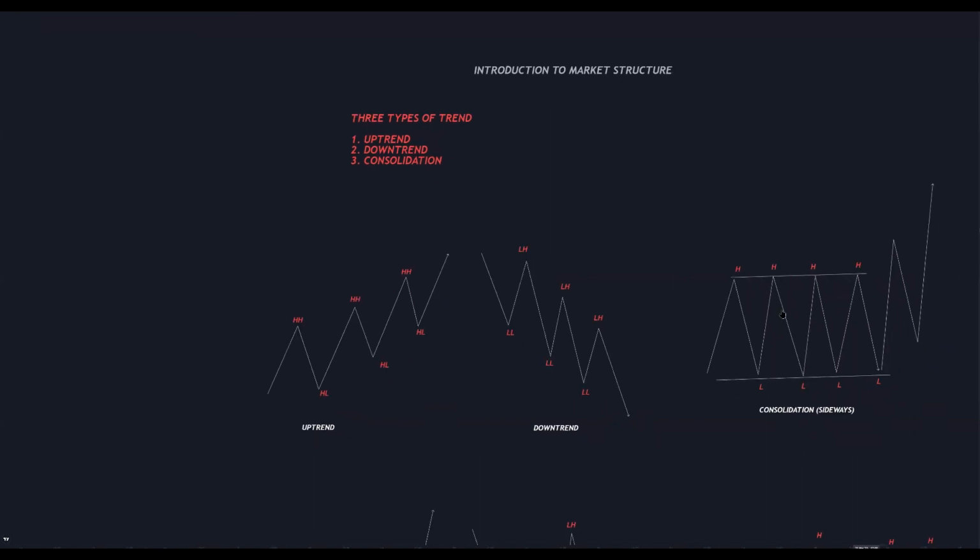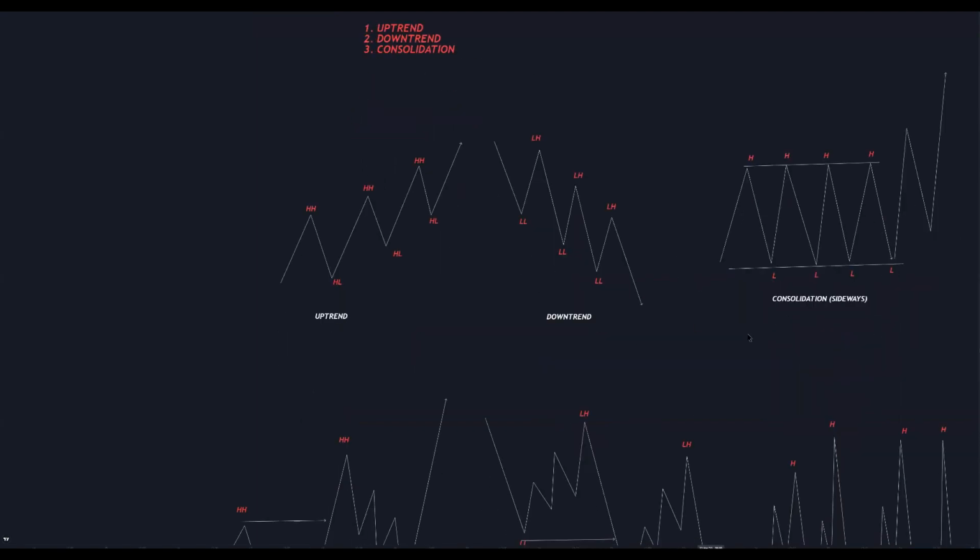So please remember, in a consolidation market, it's advisable to stay out of it. Do not do anything unless they break out either to the upside or to the downside. If they break out to the downside, you repeat the same thing. You only sell at the lower highs. So that is that.